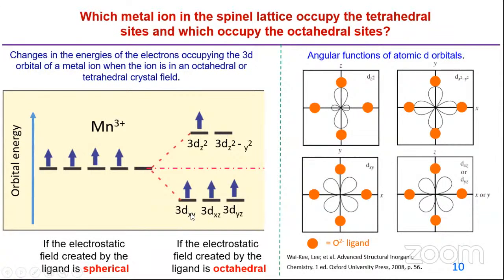But in the case of the bottom ones, 3d xy, 3d xz, and 3d yz, the electrons from the ligand and the orbitals are a little farther away, so their interaction energy is low, so they will come to the bottom state.